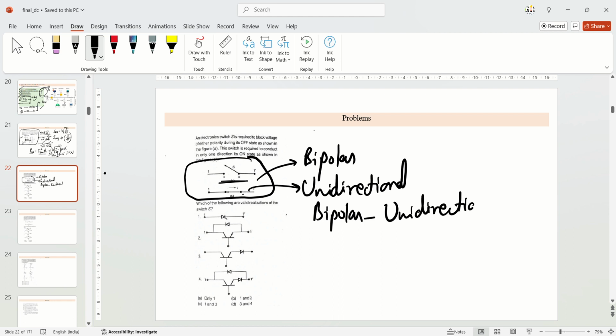Here four topologies are given. You have to tell me which topology correctly matches the bipolar unidirectional switch. The options are 1, 1 and 2, 1 and 3, 3 and 4. I'm giving you 2 minutes to solve this question. It's not a very big question, it's a very easy kind of question.